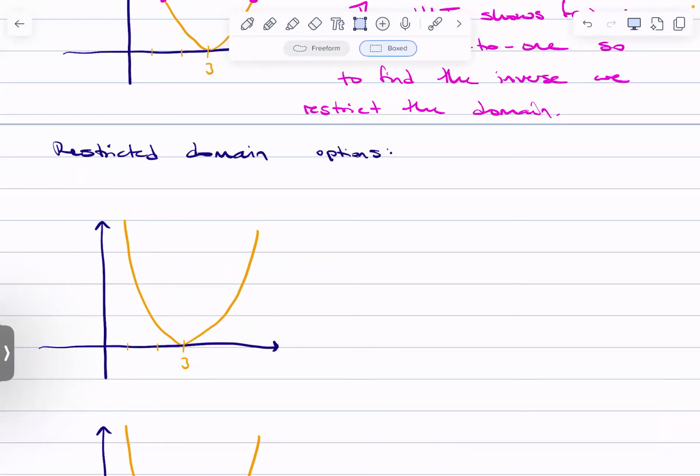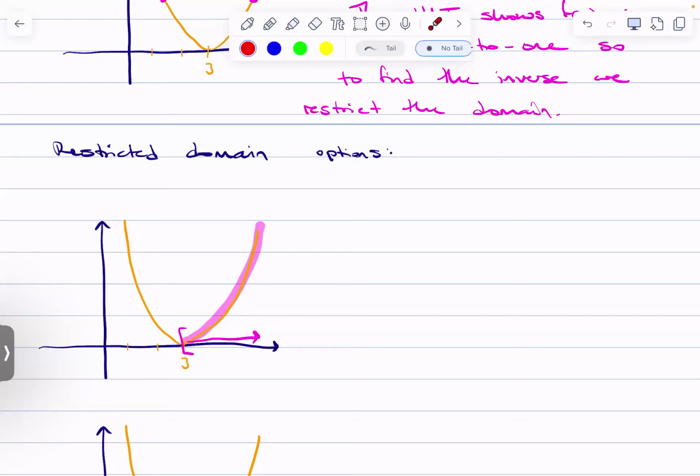First one is the one I prefer. I prefer to go from 3, and I like positive numbers, right? And so here, 3 outwards. So then this section would be my restricted domain, which means I'm ignoring this arm, right?